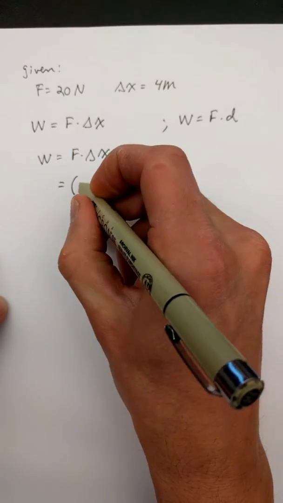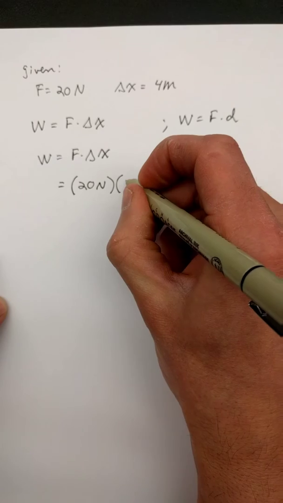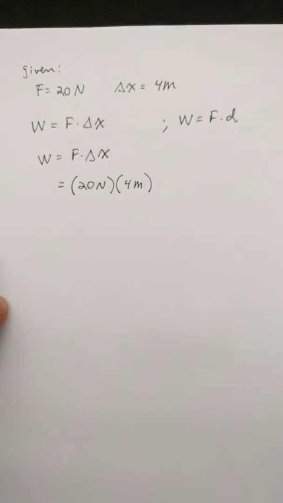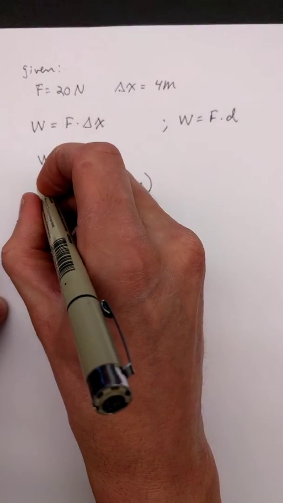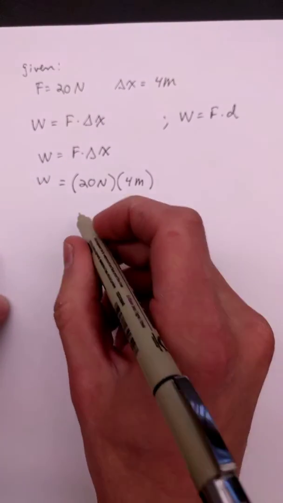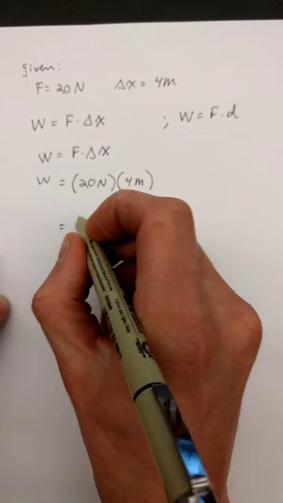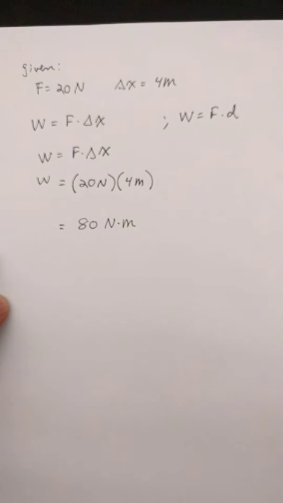then a force of 20 newtons applied for a distance of 4 meters. Now let's be very careful about our units here because this is a new unit. Equals 80 Newton meters. Now I just want to be clear.